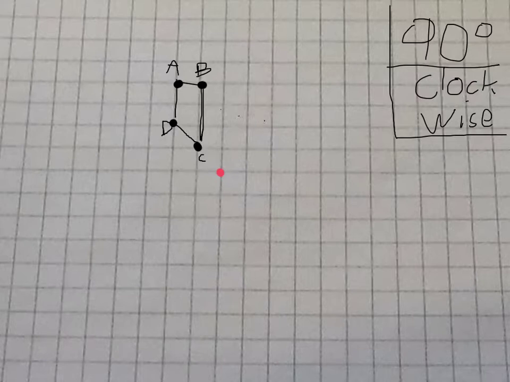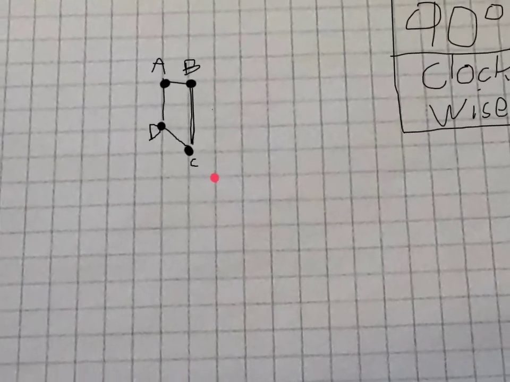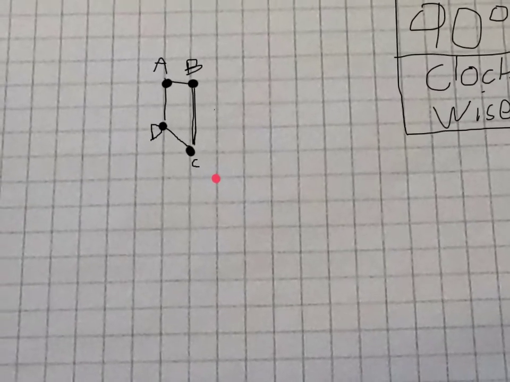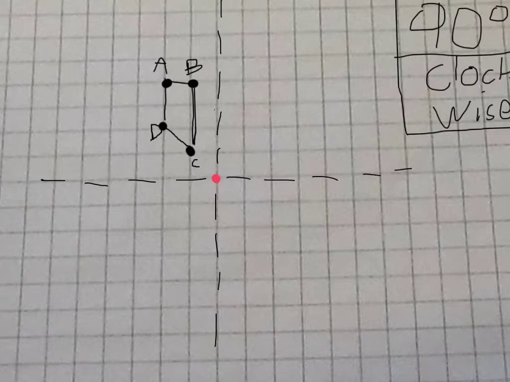So with rotations, what I find to be easiest is to rotate the paper a little bit, and you draw this little cross to the rotation point, and you just have to count.